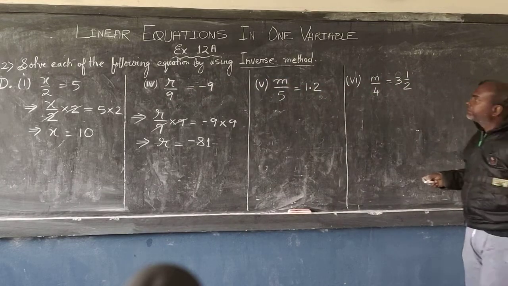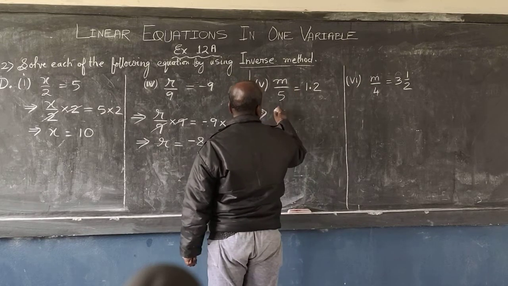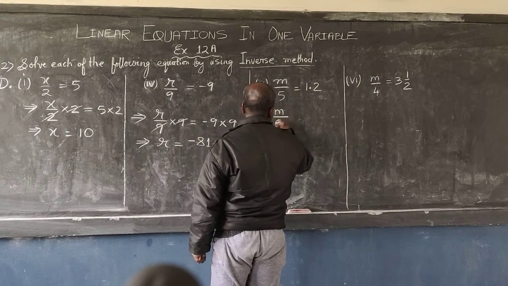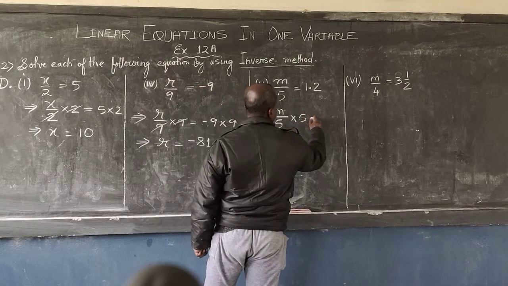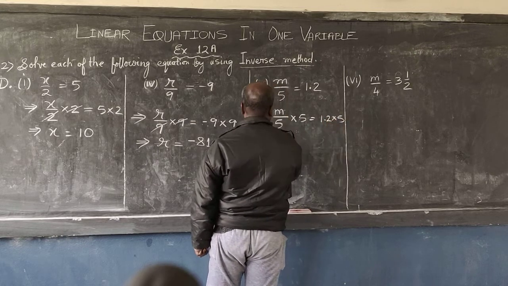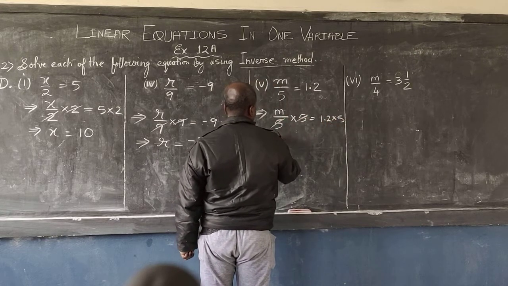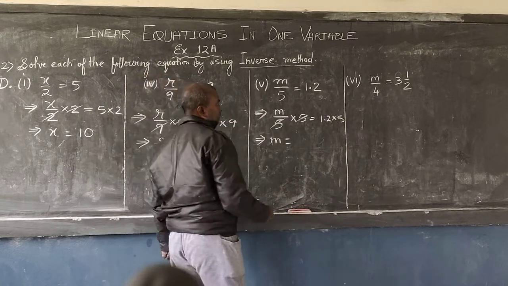Next we have this m divided by 5 equals 1.2. So you have divided by 5. So to remove divided by 5 you will multiply by 5. This side also. So now what happens? This 5 and 5 cancel each other out. And 1.2 into 5, you can solve that in rough.